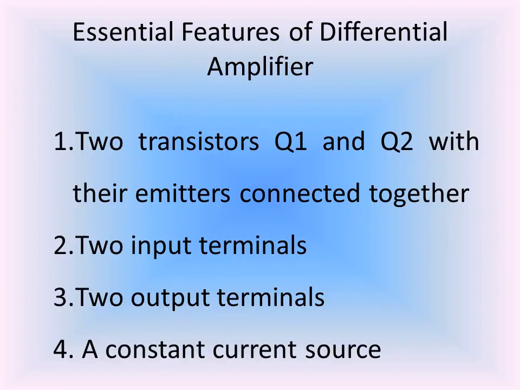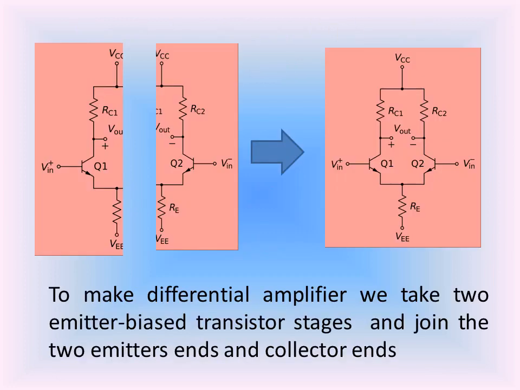Now, what are the essential features of a differential amplifier? Basically, we need two transistors Q1 and Q2 with their emitters connected together, two input terminals, two output terminals, and a constant current source. Now, how can we make a differential amplifier in a simple way?